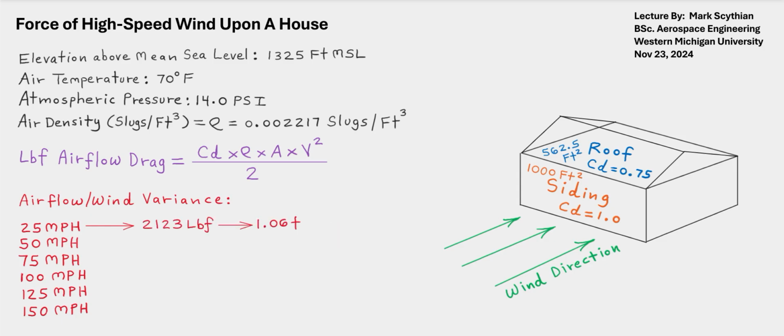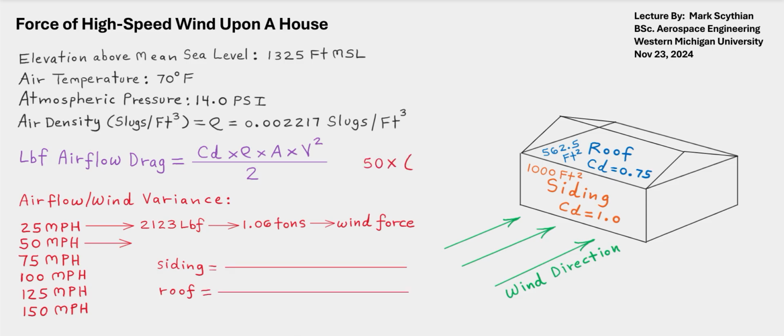So at 25 miles per hour, there's already 1.06 tons of wind force exerted against the house in the direction of the wind. So we just repeat the same things across the next 5 wind speeds. And so to speed it up, I'll keep the equation template and we can just change the relevant components.